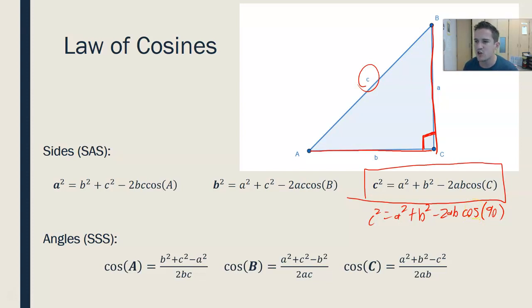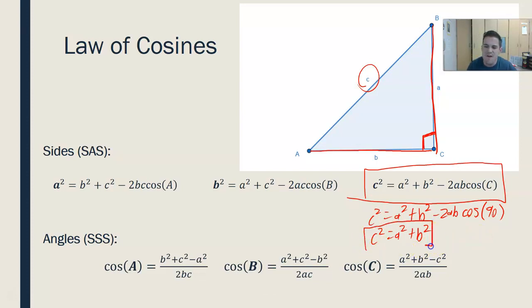What is the cosine of 90 degrees? Well, it's 0. So that means C squared equals A squared plus B squared minus 2 times A times B times 0. Well, negative 2 times A times B times 0 is 0.